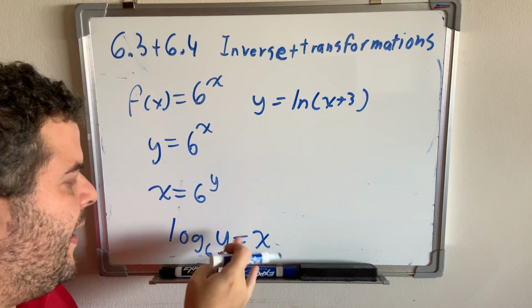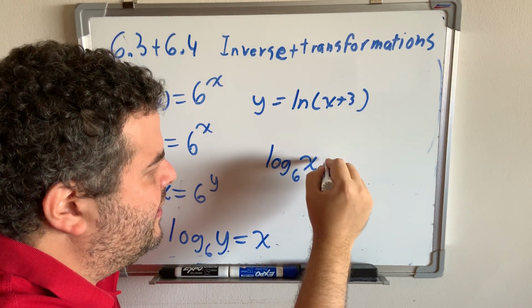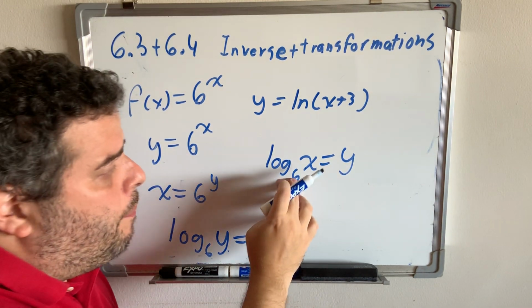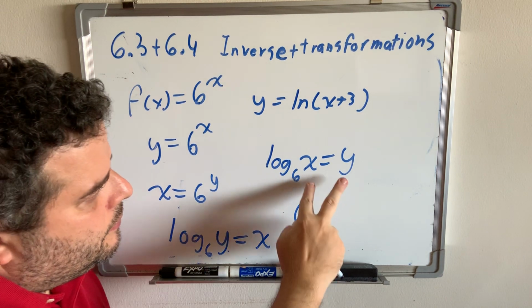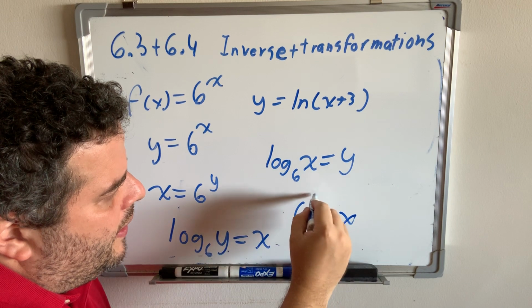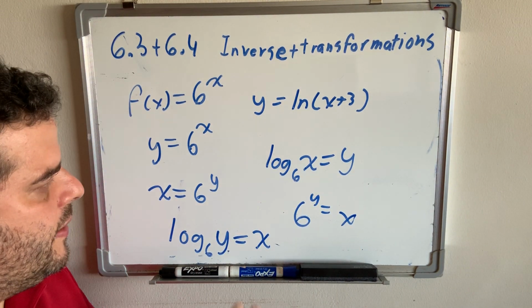Now let's flip the x's and the y's. I have log base 6 x equals y. And now the base of the log becomes the base of the exponent. And the letter that's here comes to the other side, and this comes over here. I forgot to change my x's.